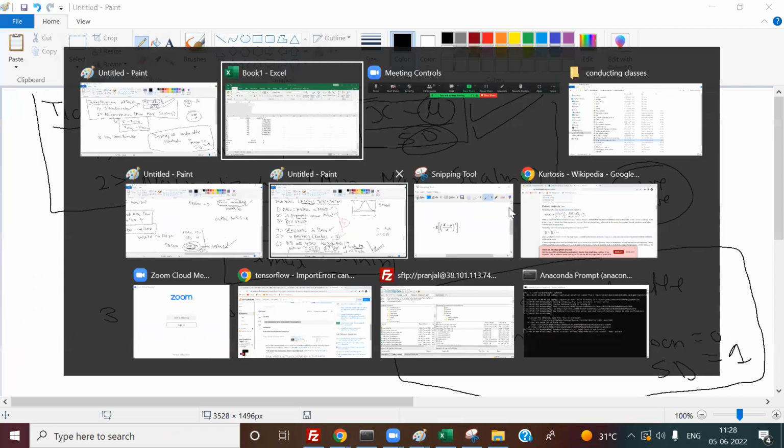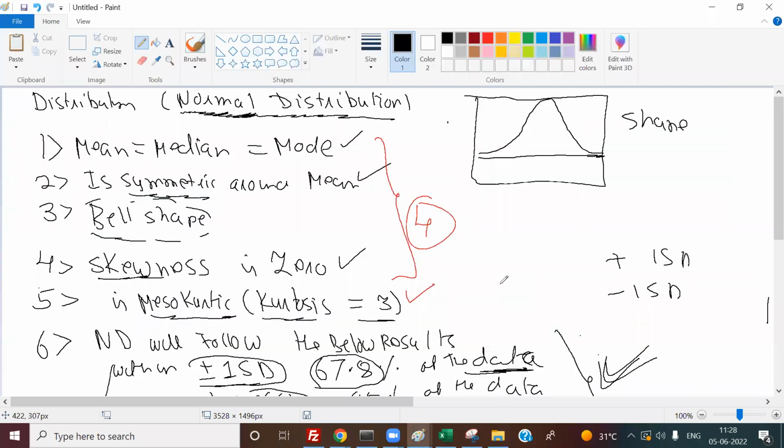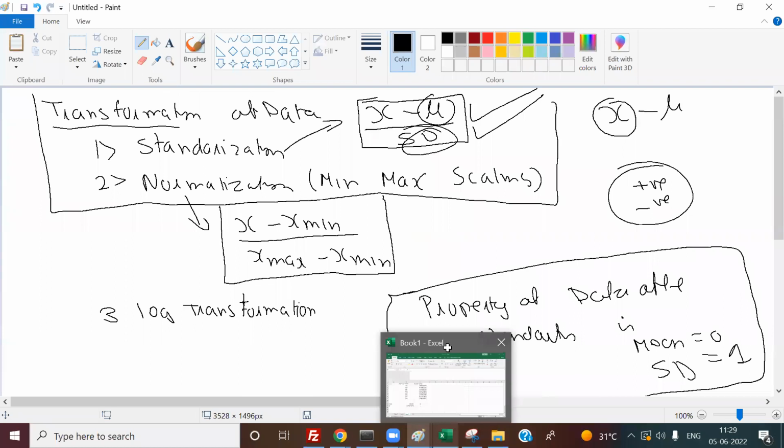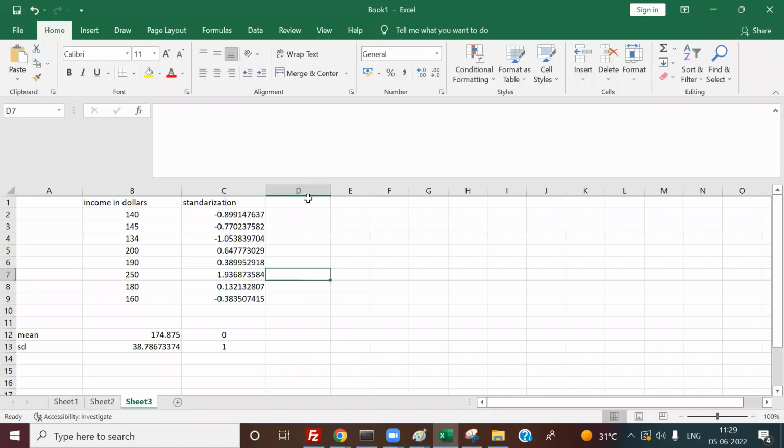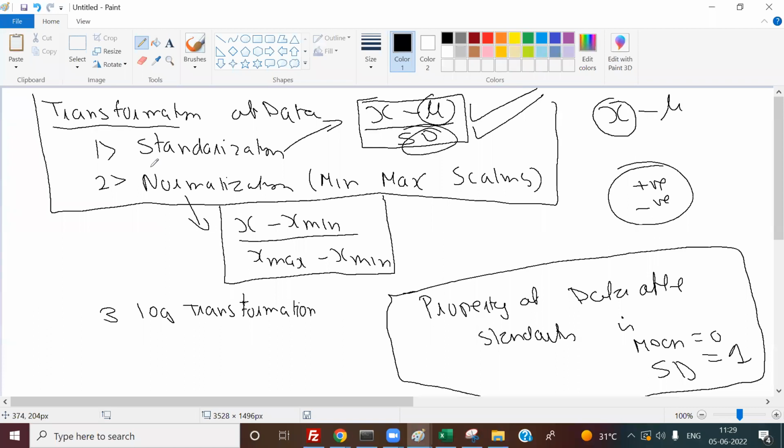Are you guys able to connect? Please check. Is it visible? Whatever I'm typing, is it visible? What did I type? Okay, okay. So it is visible, fair enough. Let's say when I want to normalize my data. Did everyone join, or should I wait? Wait.